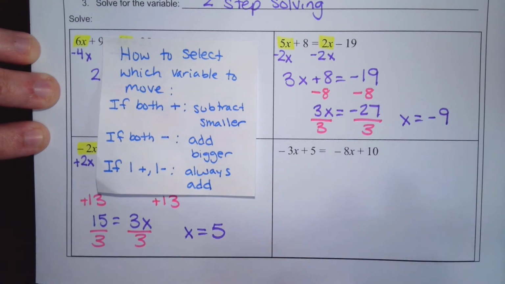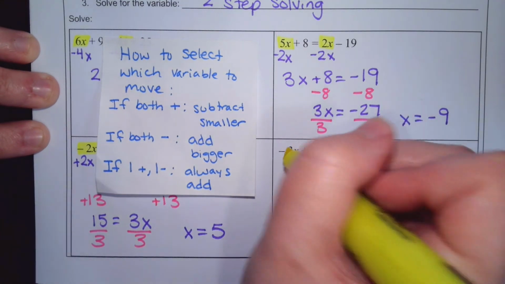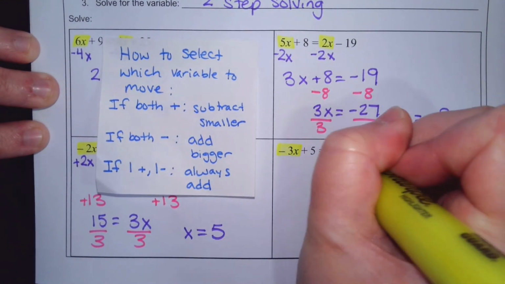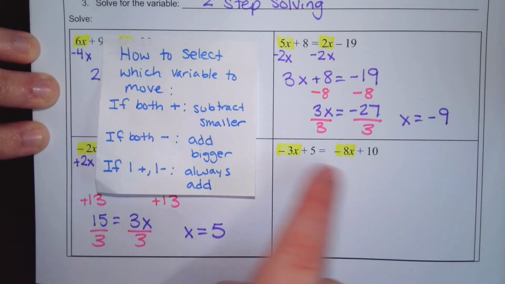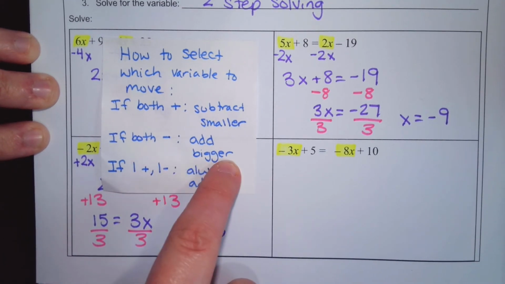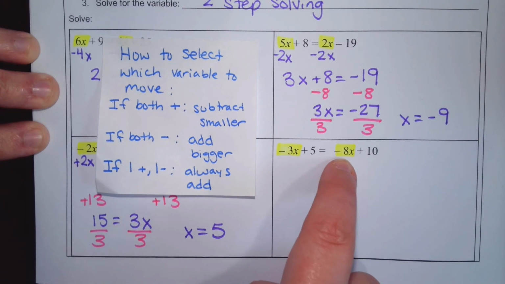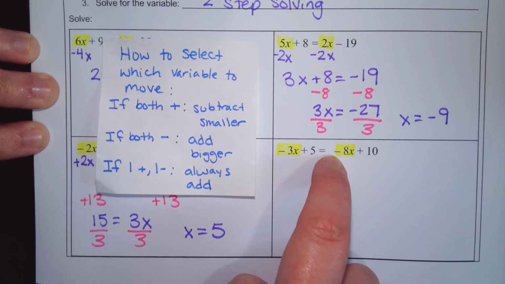Finally, our last one: negative 3x plus 5 is equal to negative 8x plus 10. Negative 3x and negative 8x. They're both negative, so add the bigger one. What I mean by that is the actual number, ignoring the negatives.